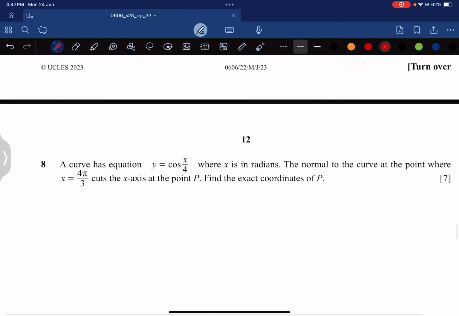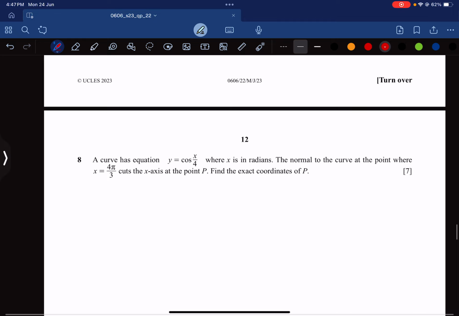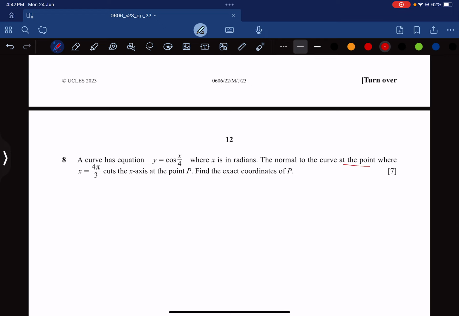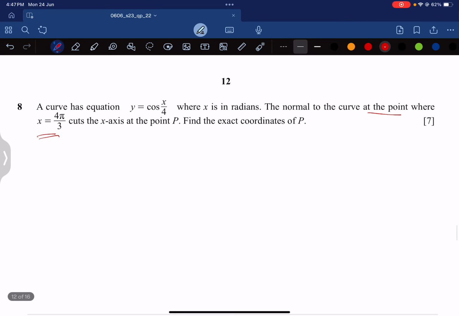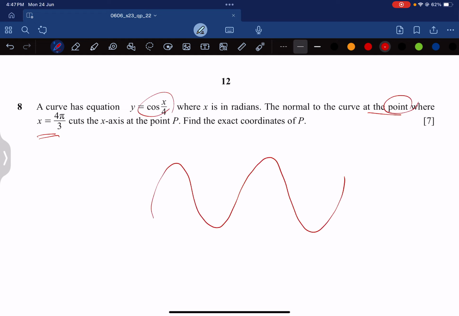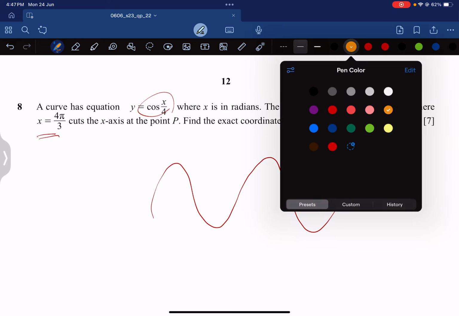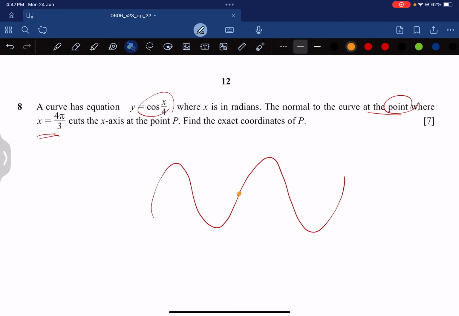Okay, a curve has equation y equals cosine x over 4, where x is in radians. The normal to the curve at the point where x equals 4 pi over 3 cuts the x-axis at the point P. This means that we have a curve, and at a point somewhere, let's simply choose a point here, it's not the tangent line, it's the normal line.